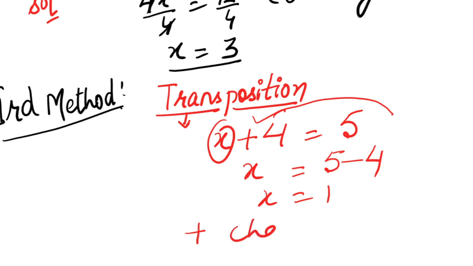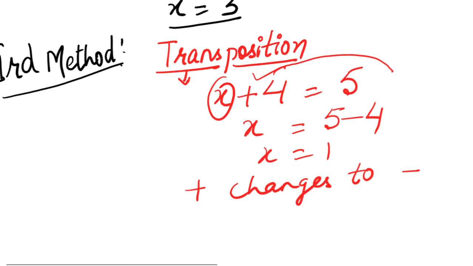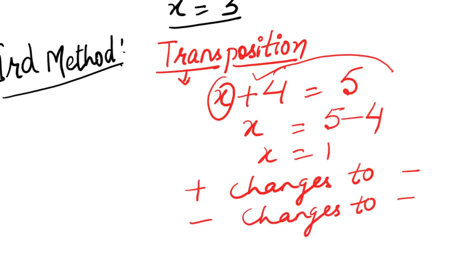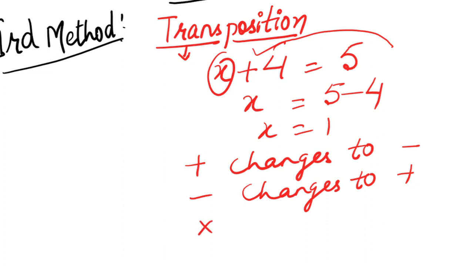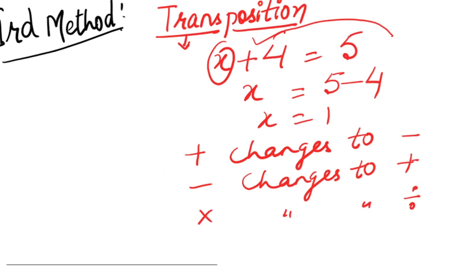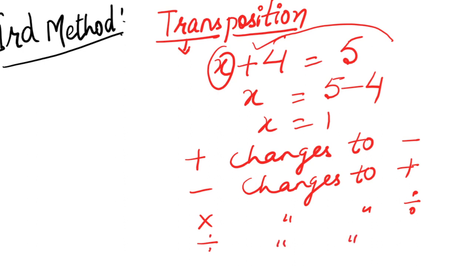Plus changes to minus, minus changes to plus, multiplication changes to divide, divide changes to multiplication. So these are the three methods which we have in linear equation in one variable, but we will do maximum sums with the help of the transposition method.